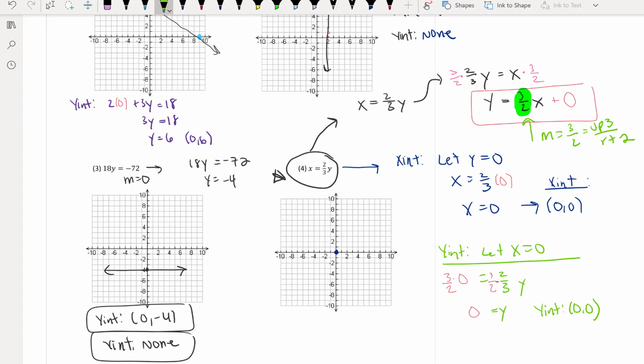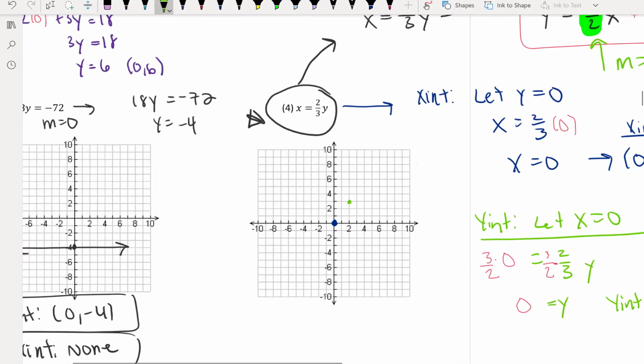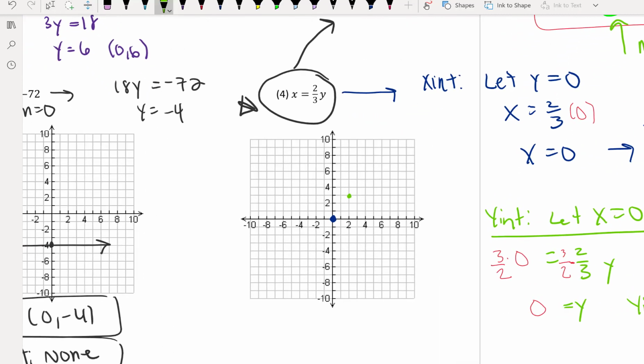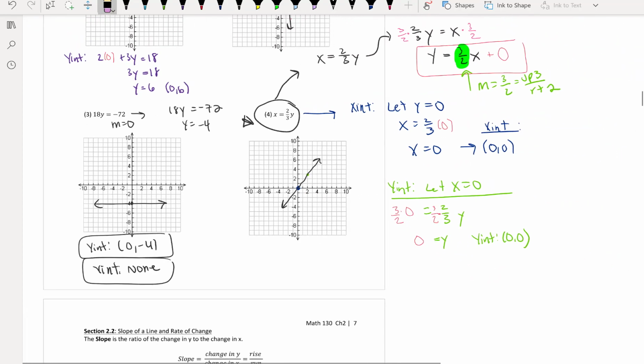So I'm going to go up 3 and over 2. And so now I can see my graph, right? I went up 3 and over 2. So now my graph looks like this. So that's how I'm able to graph this.